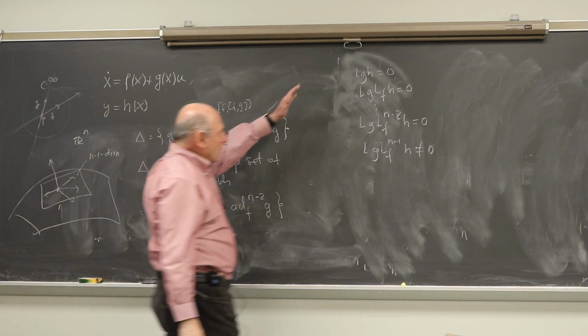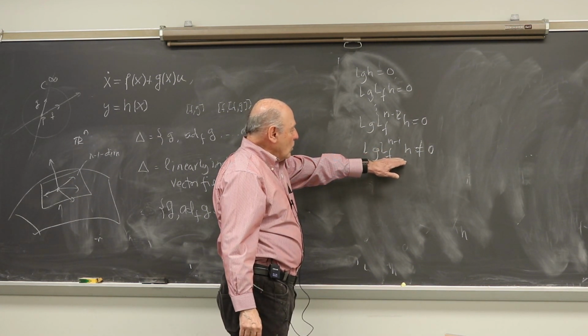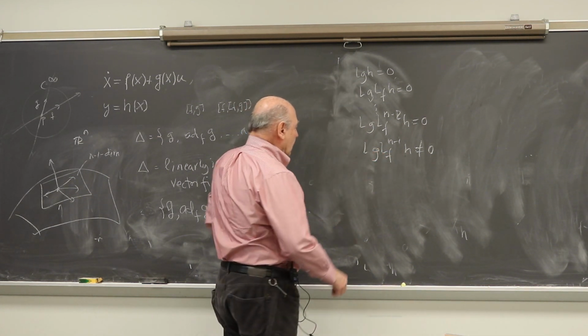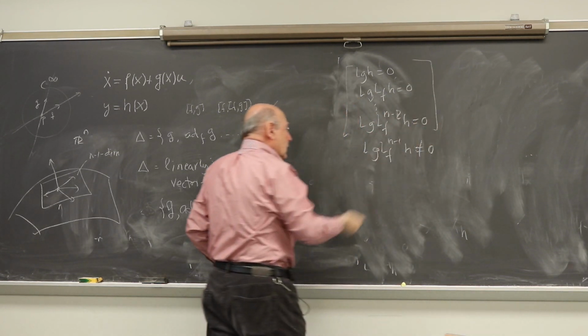That means I'll have to take n derivatives of this function H to finally find U, and therefore this set of n vectors will define an invertible transformation.